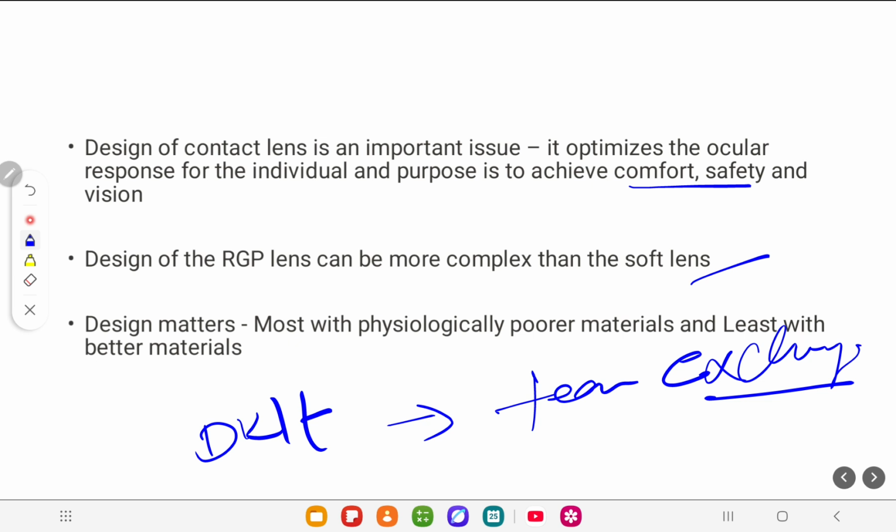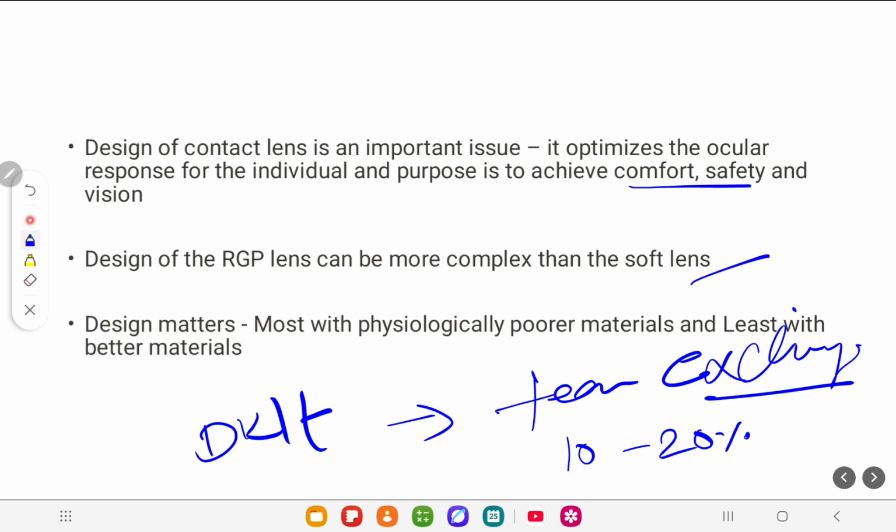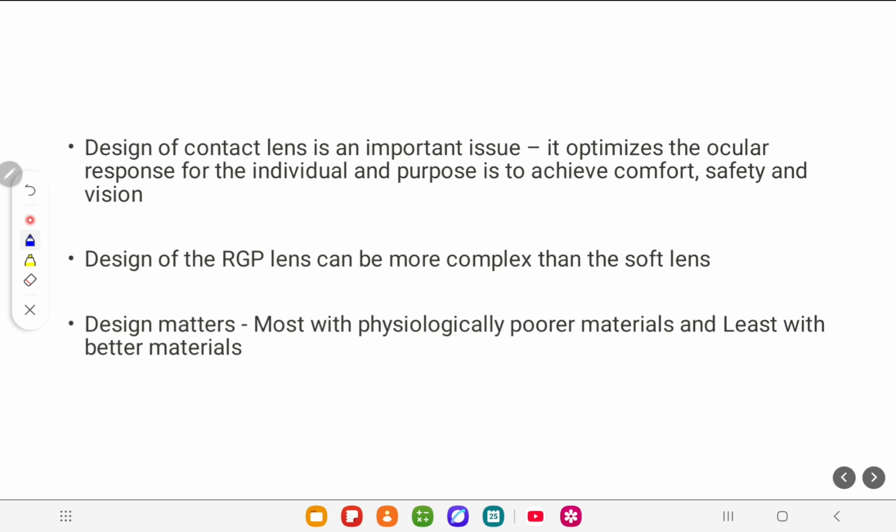So we need good design and good fitting so that there is maximum tear exchange, which supplies 10 to 20% of the oxygen. So that's the concept basically.